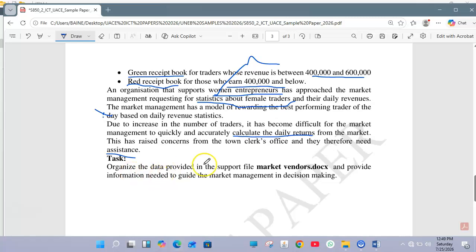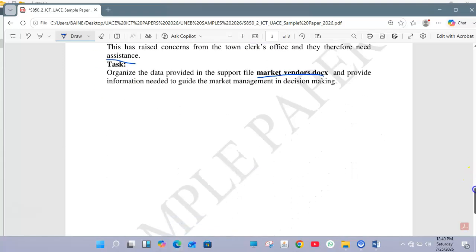Task: organize the data provided in the supporting file, market vendors docs, and provide the organization the information needed to guide the market management in decision making.